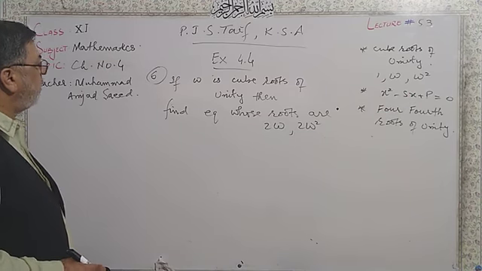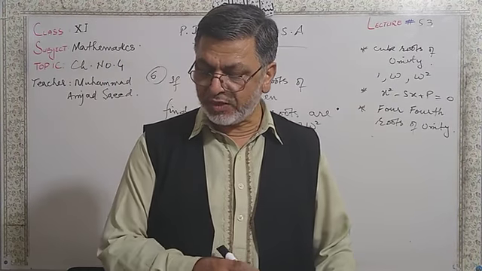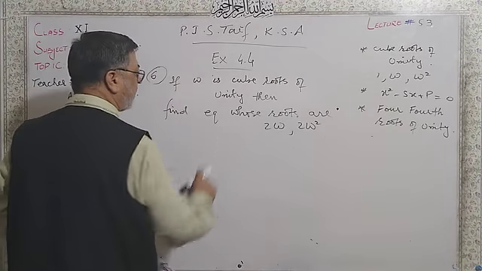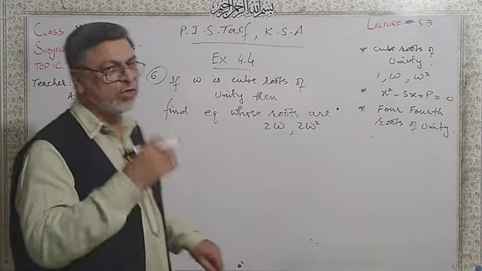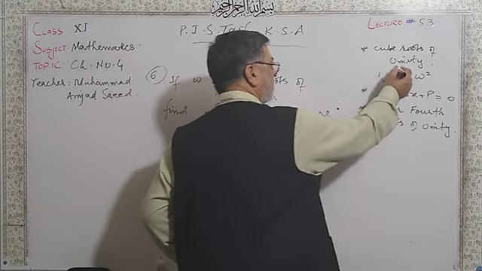So here omega is cube roots of unity. Dear students, you know that in the previous question, if omega is cube roots of unity, what will be its second root?